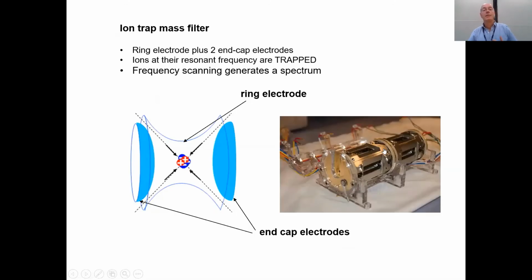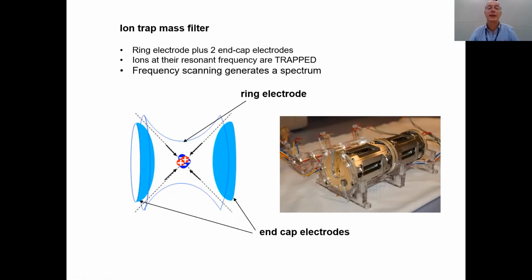And let's now look at a different type of mass filter. This is the ion trap mass filter. Now, if you understood what was happening with the quadrupole, if you take a ring electrode and you apply an RF frequency to that ring electrode, and then you add two end cap electrodes either side of that ring, you can use RF frequency scanning to trap the resonant frequency ions in this space within the ion trap.